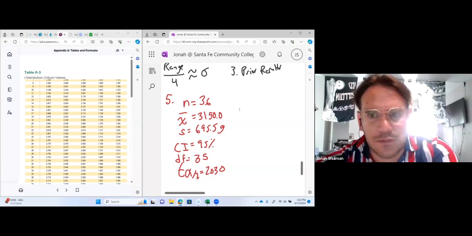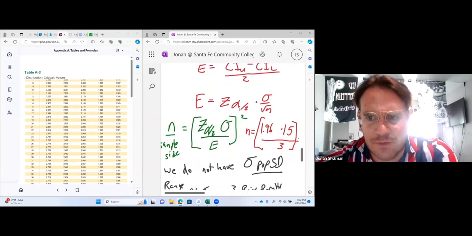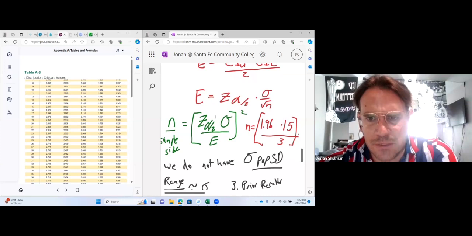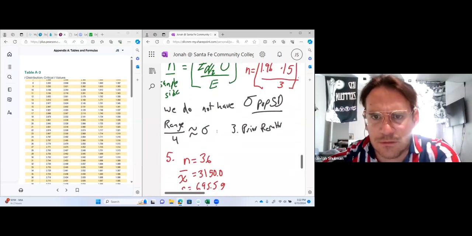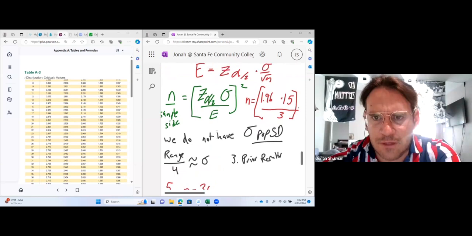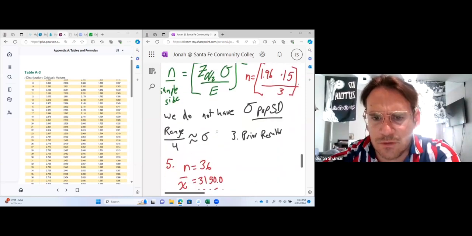All right, and then all we need to do is the formula, really. To get the confidence interval, we can use the margin of error, E equals z times standard deviation over square root of n.